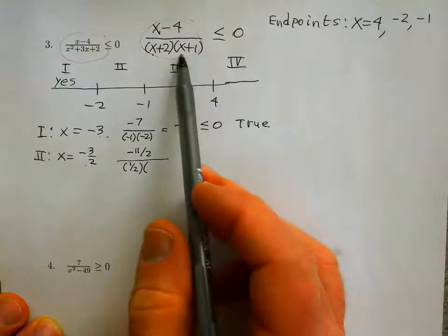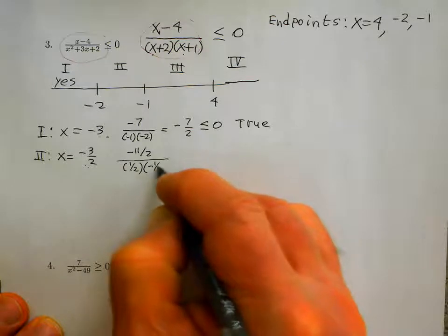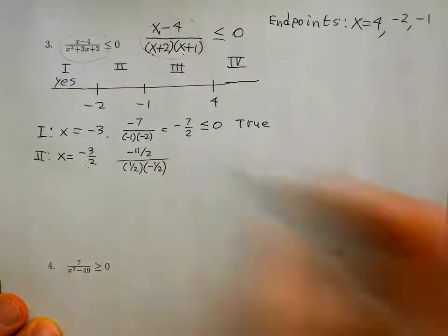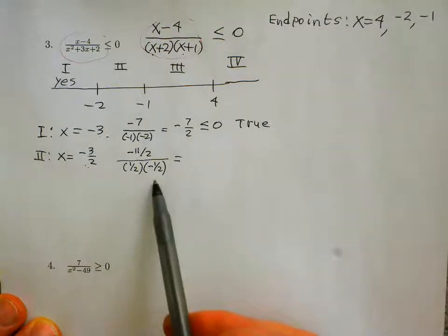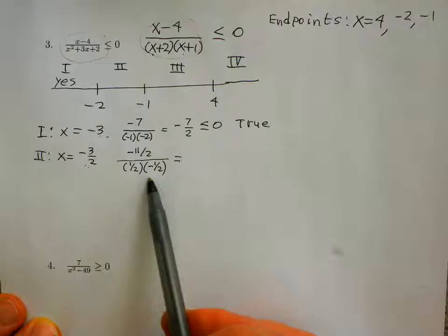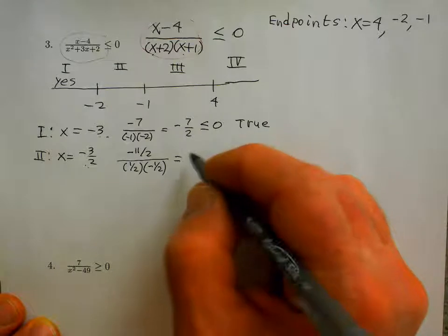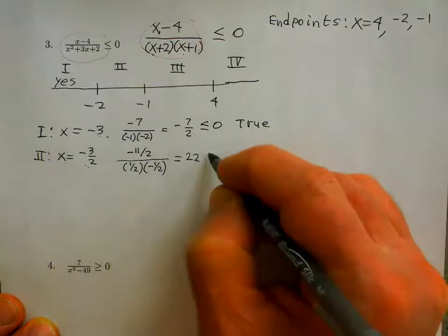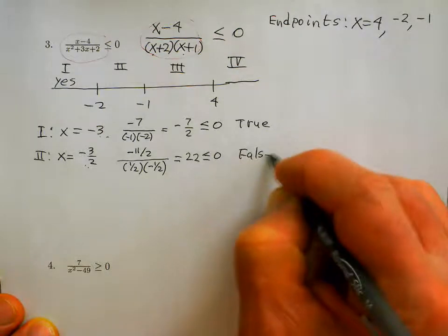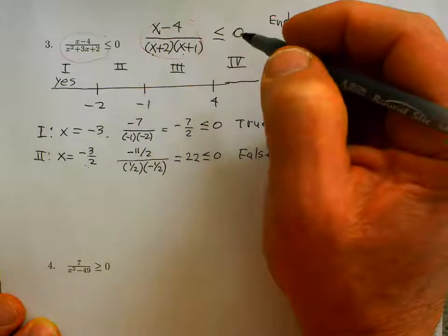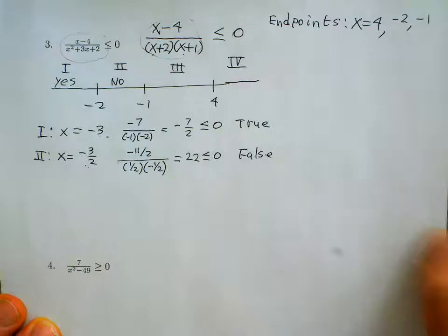And then the other factor, x plus 1, -3/2 plus 1 is -1/2. So this number is going to be positive. It just turns out to be positive 22. And 22 less than or equal to 0 is false. Okay, so none of the numbers between -2 and -1 are solutions.